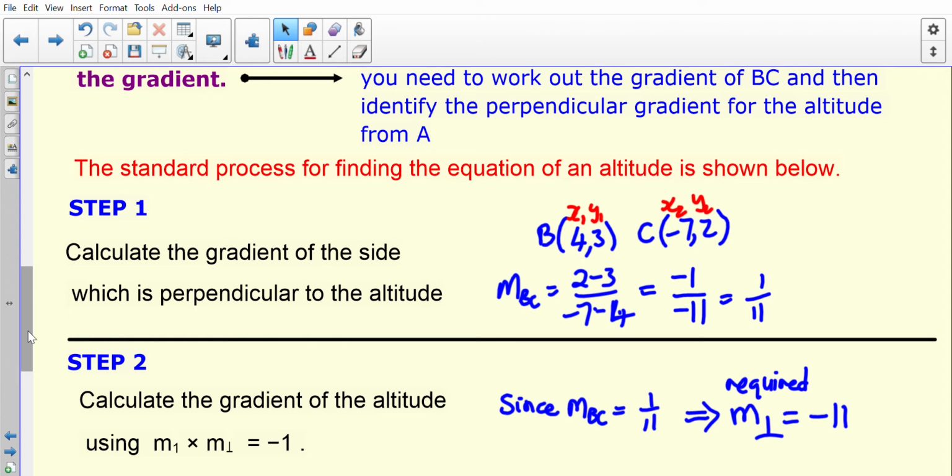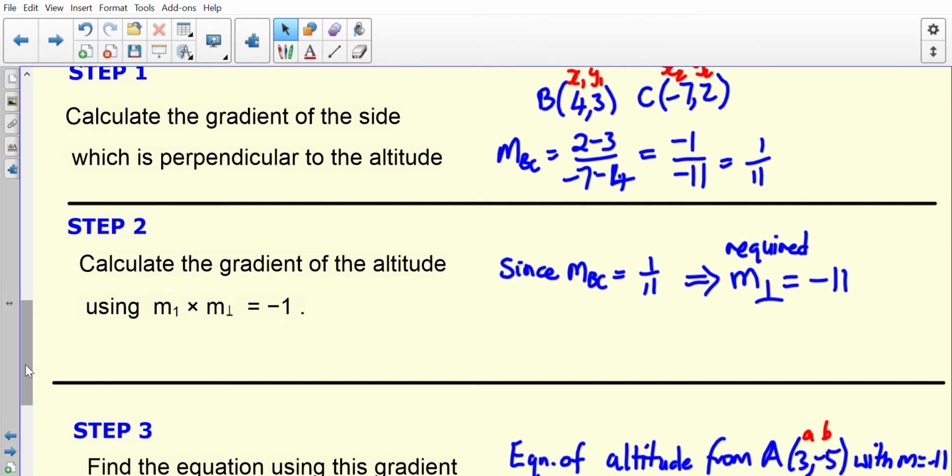You've got the 2 points, so you can sub that in. You've done it 100 times. So the gradient is 1 over 11. If we want to get the gradient of the altitude, which is at a right angle, we need to flip it upside down and change the sign. So rather than being 1 over 11, it's negative 11 over 1. When 11 is divided by 1, it's 11, so your required gradient is negative 11.